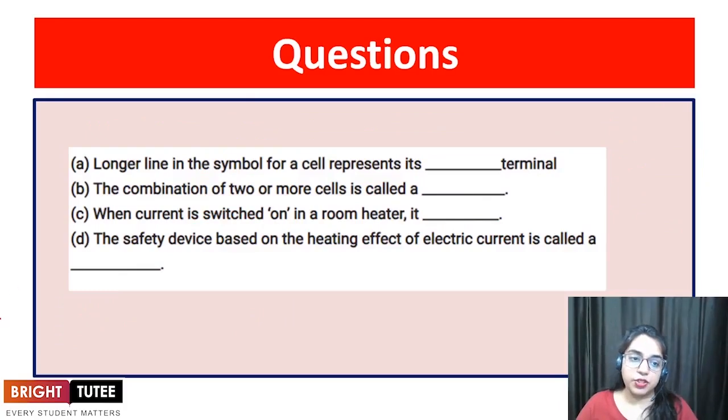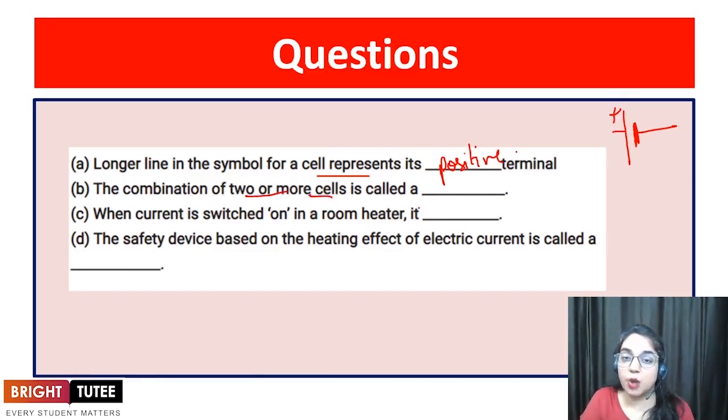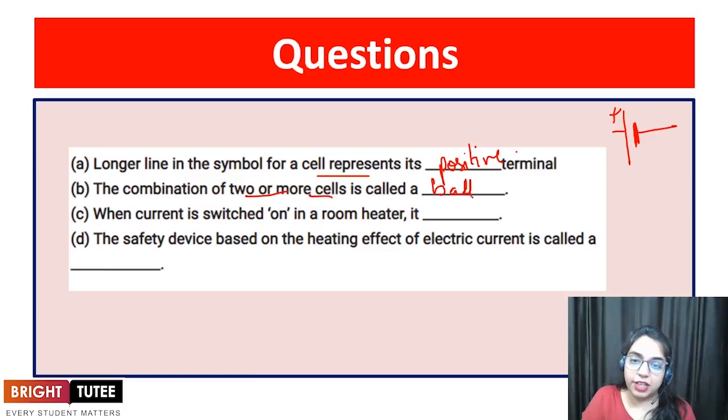Then the next question, children, the longer line in the symbol of the cell represents. So children, we have studied that the cell is represented by a pair of parallel lines. The longer line represents the positive terminal of the cell, right? The next question is, the combination of two or more cells is called a battery. Very good, children.